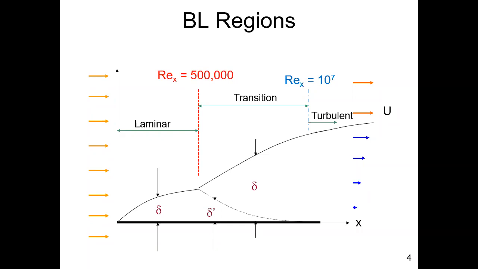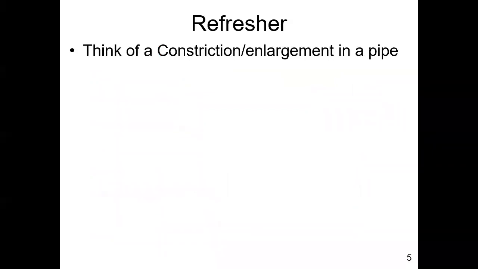That Reynolds number changes depending on the scenario you're looking at. But the Reynolds number is always used to distinguish between laminar and turbulent. It's just that how we calculate it and the actual values we use will change depending on the flow scenario. And you'll see this in future lectures.